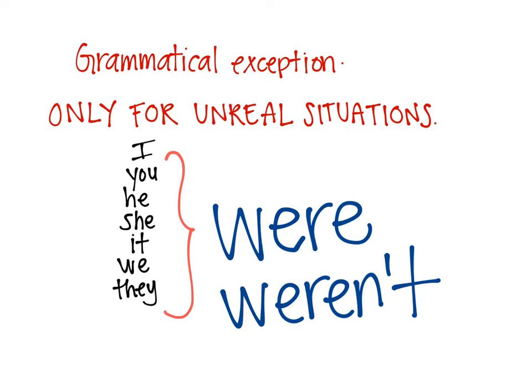Only for unreal situations. When you're talking about things that are unreal, you say I were, he were, she were, it were. I know that you are used to the verb to be, meaning I was, you were, he was, she was, it was, we were, they were.